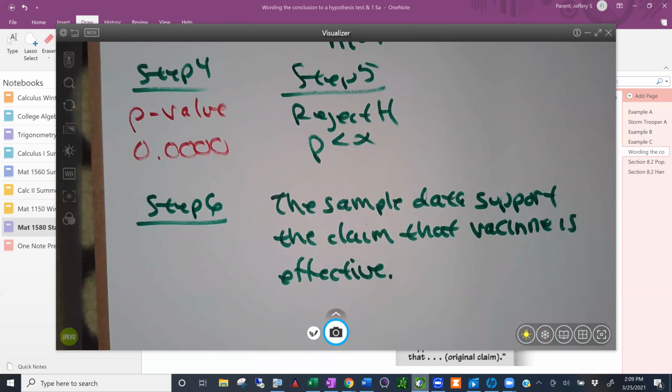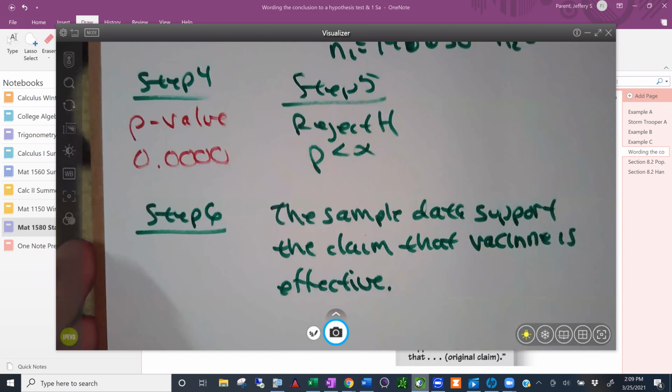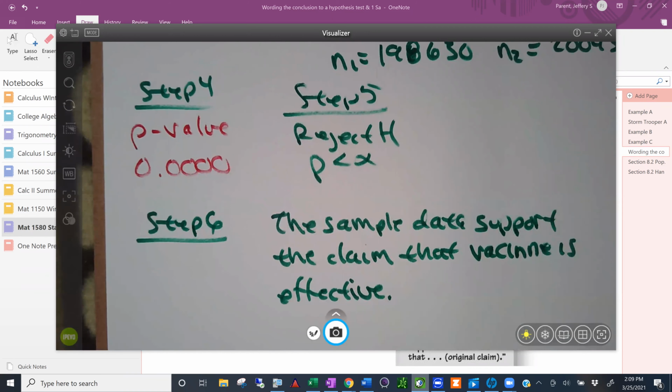All right. Let's do one more. Are we okay with this one? It was kind of like a spur of the moment example, but it did show you exactly what kind of things you need to work with as you're working with a hypothesis test for two population proportions.